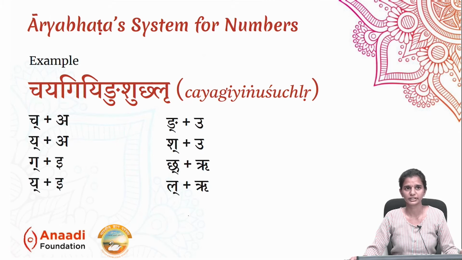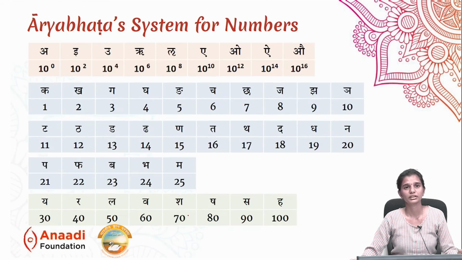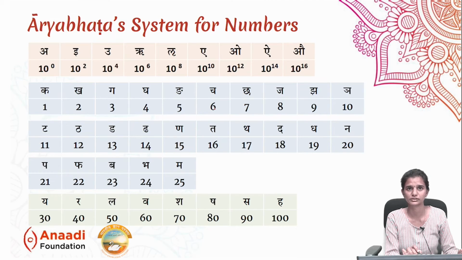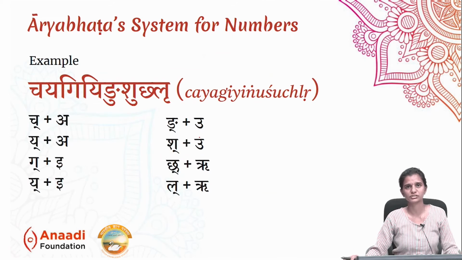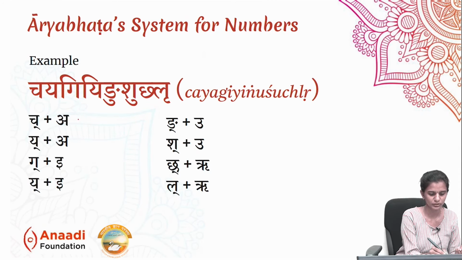The first letter is ich plus a. The value of cha here is 6. Then we have a, which is 10 power 0. The value of 10 power 0 is 1. So, the value of cha is 6 into 1.